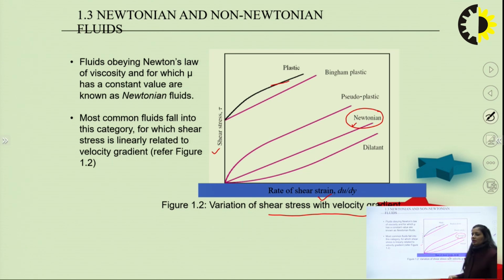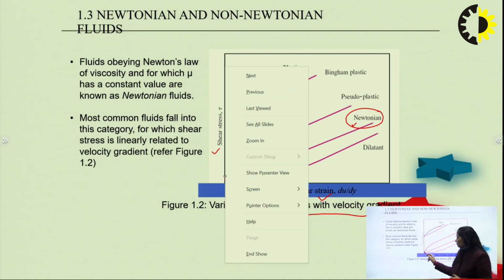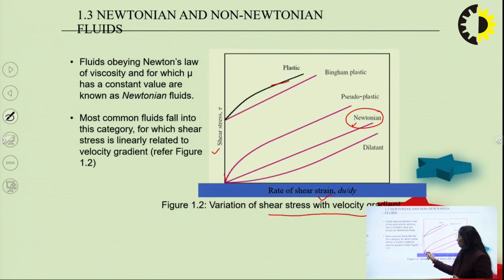Here, when we want some deformation, let us suppose, in the case of plastic, when we apply shear stress, what we see is that no deformation is produced, but when we reach a certain point, after that point deformation is produced like this.